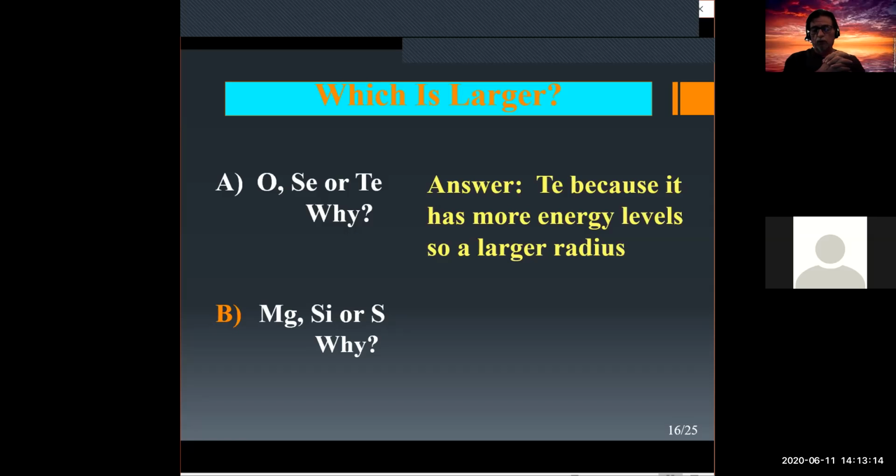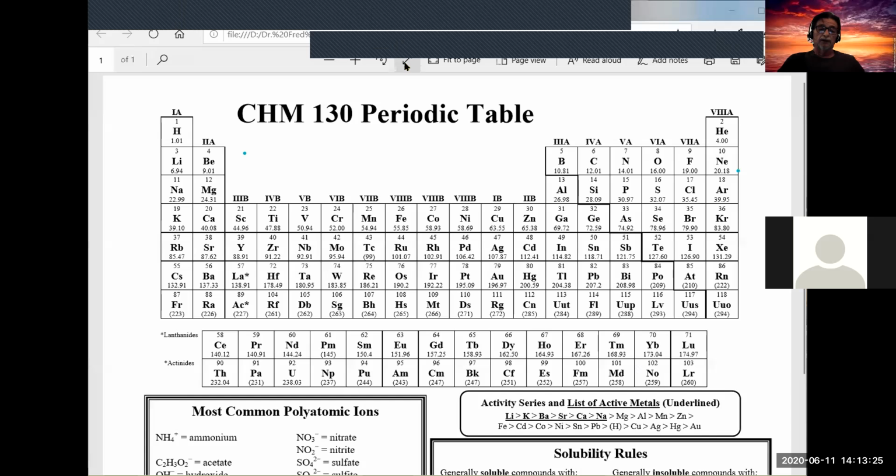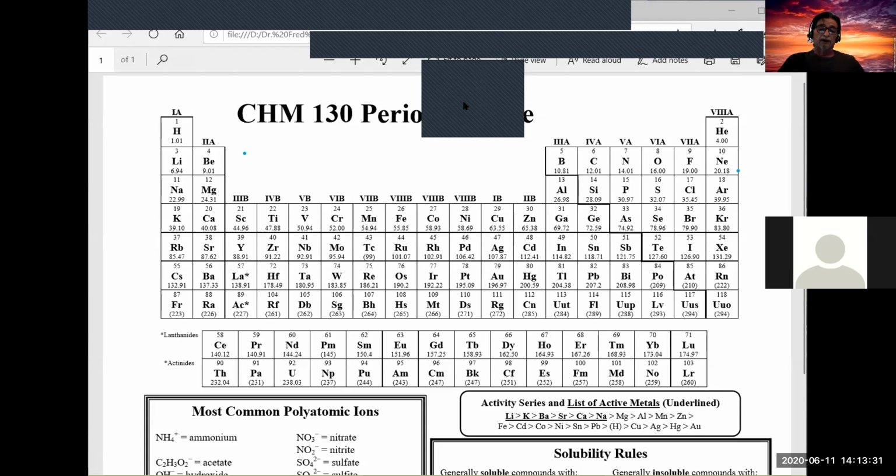All right. Well, what about magnesium, sulfur, and silicon? Let's find them. Here's magnesium right there. Silicon. And what was the other one? Sulfur, I believe.